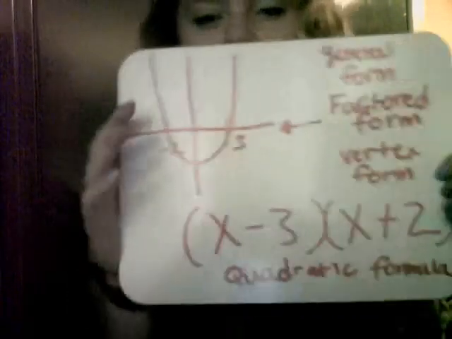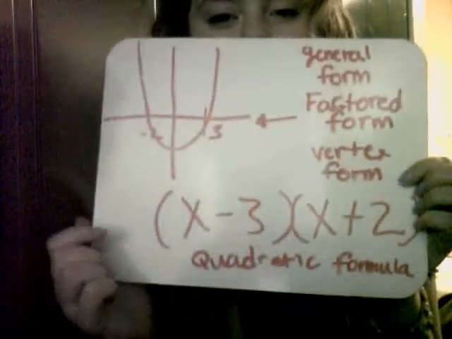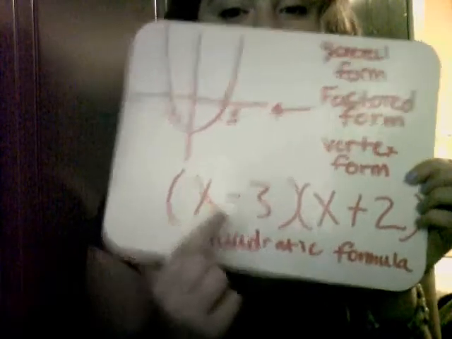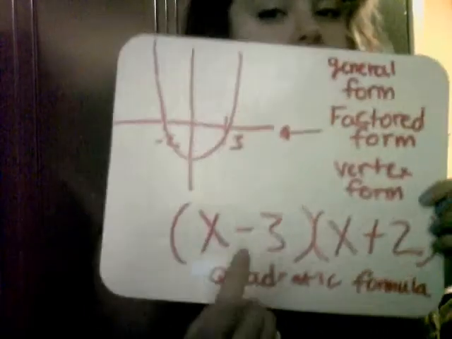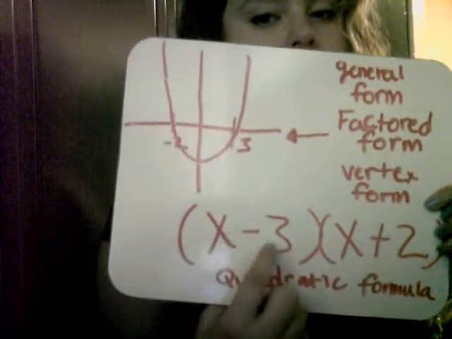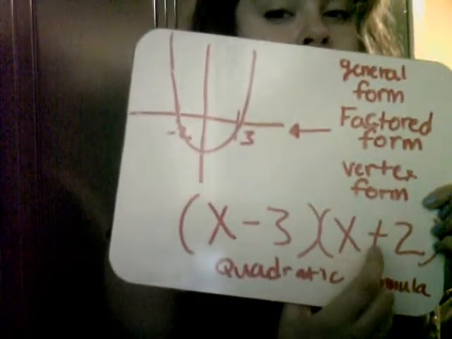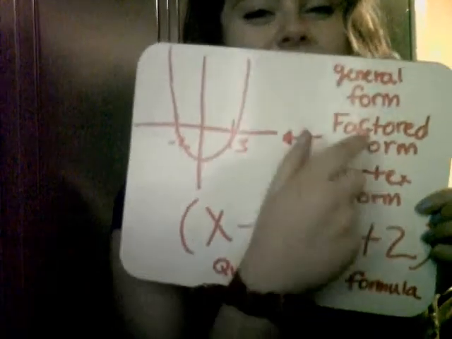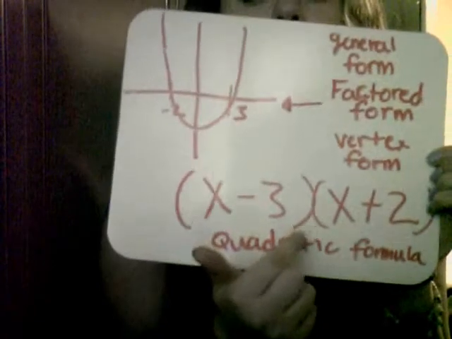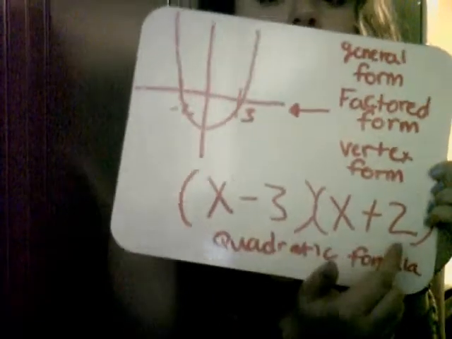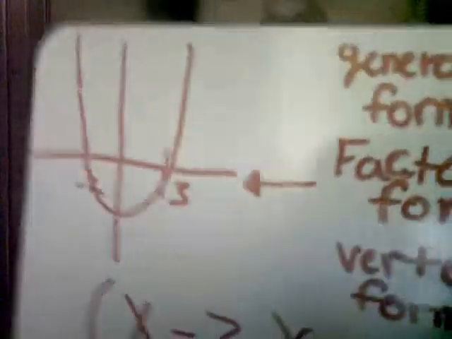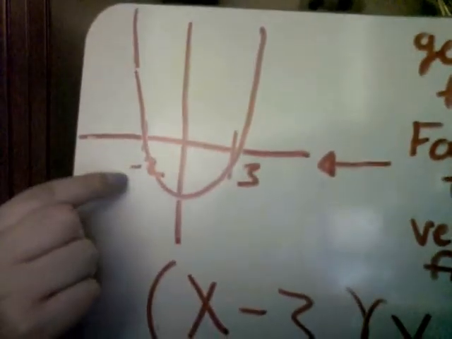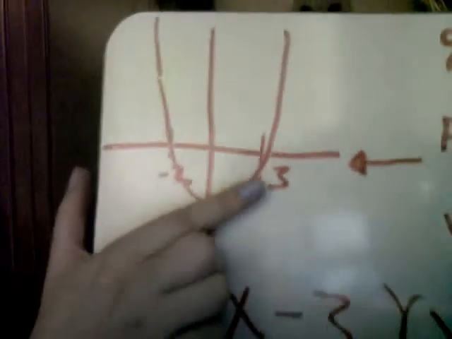In factored form you have to do x minus 3 and x plus 2, and you have to switch the signs of the numbers on the graph. So this would actually be positive 3 and this one negative 2. They're the zeros, or the roots, so one's negative 2 and that one's positive 3.